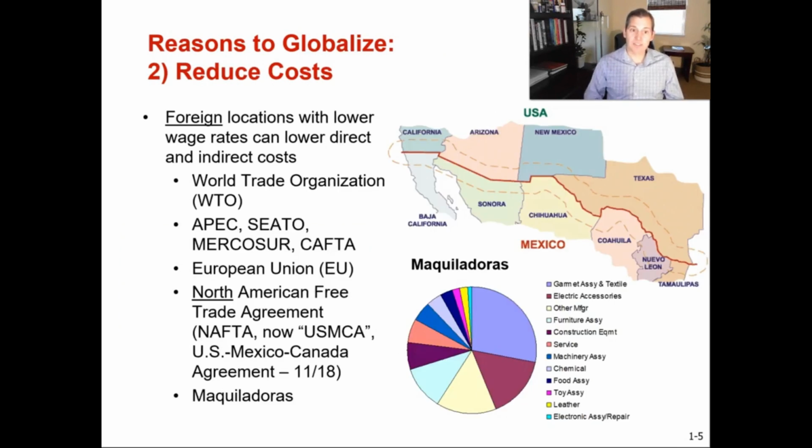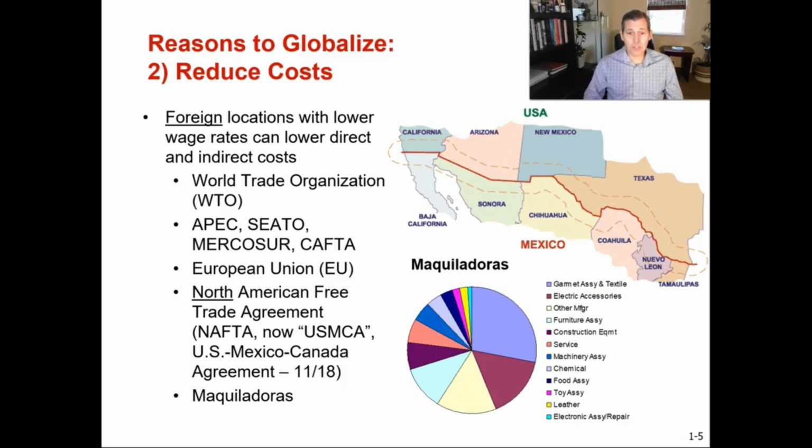Another reason to globalize, and this is what people think of most, is reducing our costs. Reducing supply chain costs and operational costs as well. Foreign locations with lower wage rates can lower direct and indirect costs. If you think about how much employees are paid in California versus how much they're paid in Tijuana, and we're only 30 minutes apart, there's a dramatic difference between the labor rate for manufacturing facilities in those two cities, and we border each other.